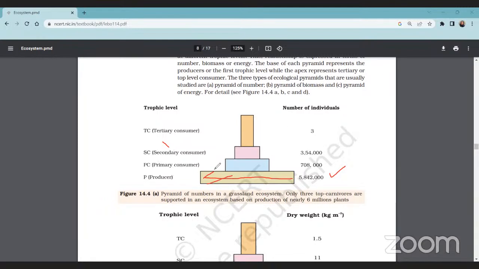The primary consumers are fewer than this, and the secondary consumers take this much number.